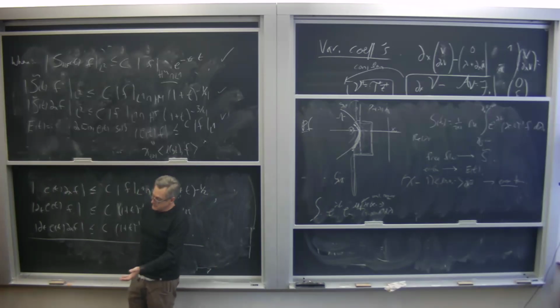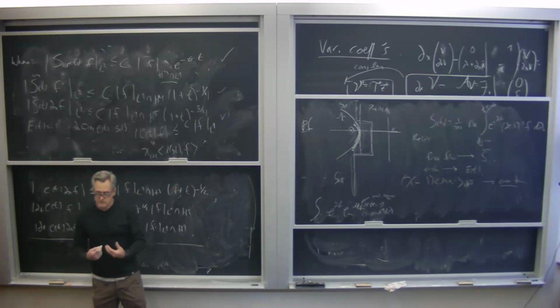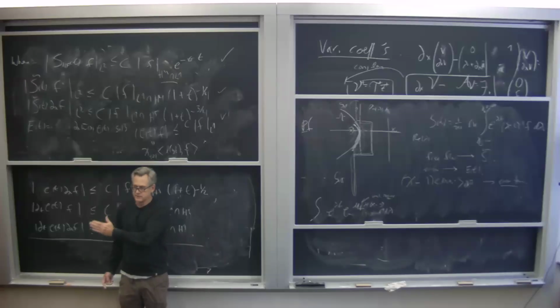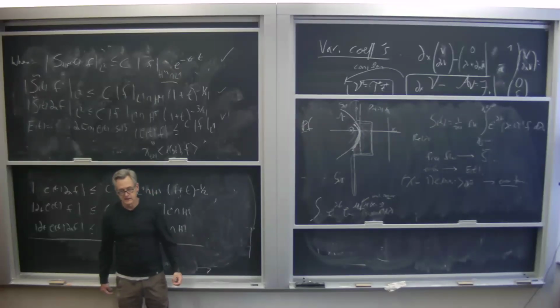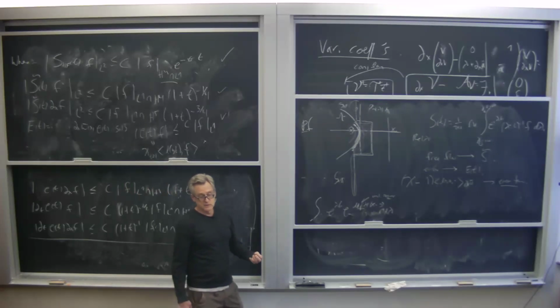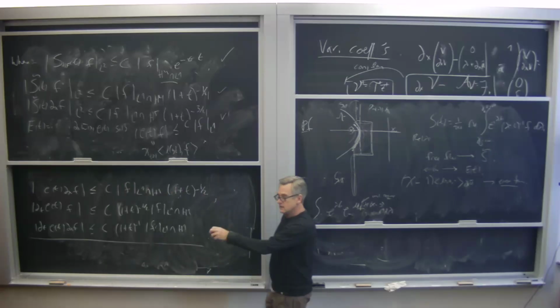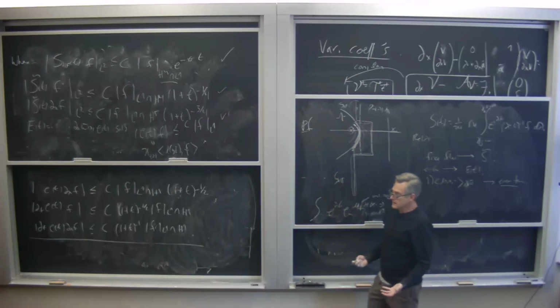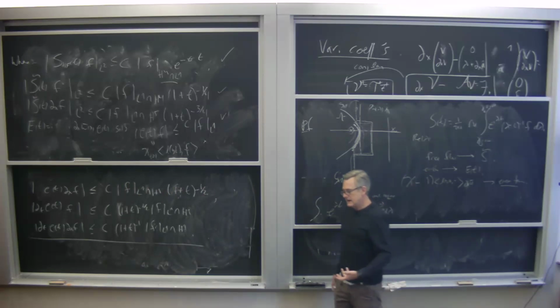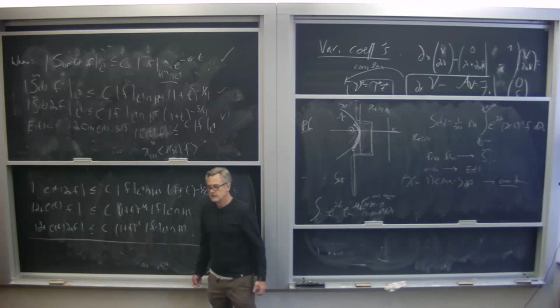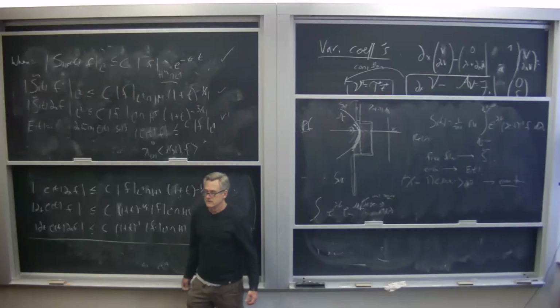Some error terms would be an exponential decay factor. Well, if we have enough exponential decay, we can move things into the left half plane and get exponential decay in time. So exponential decay in space will give us exponential decay in time by moving the contour. So those are also error terms we can deal with.